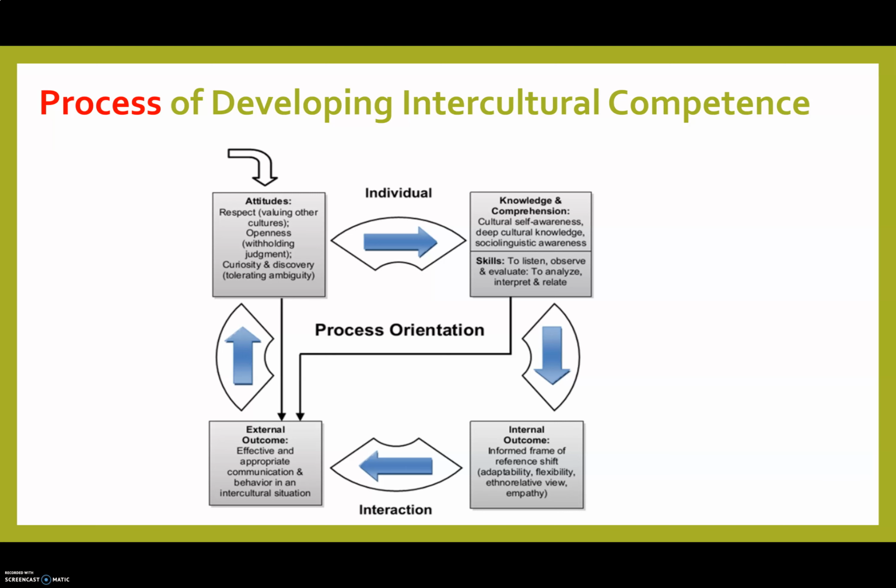This then, of course, feeds back into the cycle, which affects our attitudes, affects our knowledge, which leads to deeper and more extensive internal outcomes, which then through interaction can lead to even more further developed and extensive external outcomes. So we have a cyclical idea here to this model, and the process that occurs when developing intercultural competence. Okay.